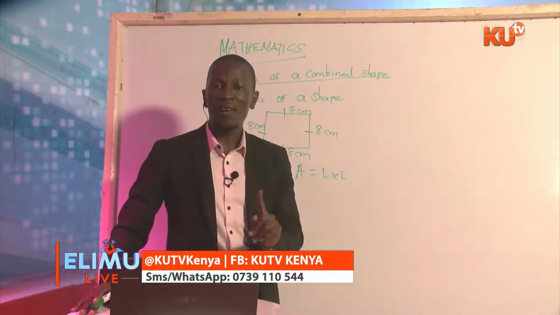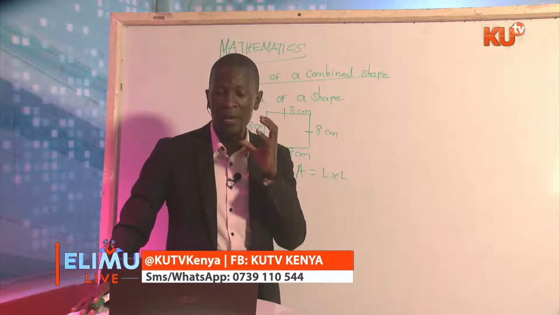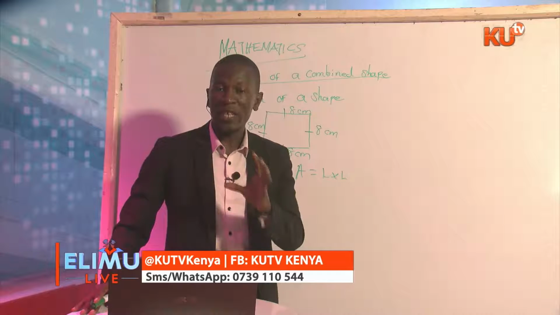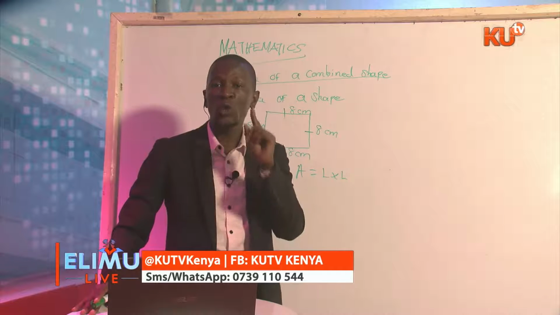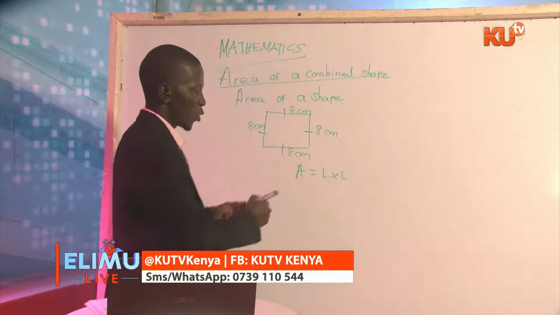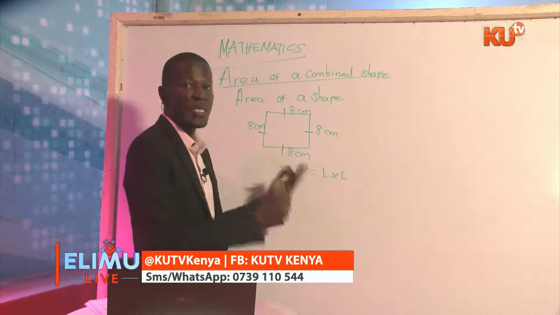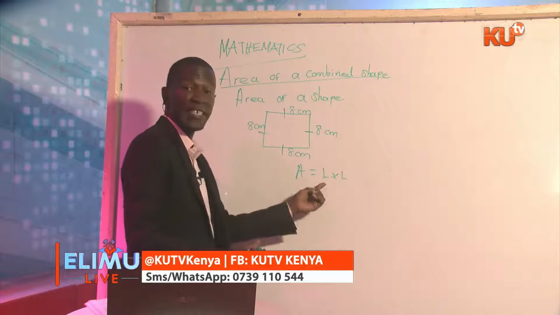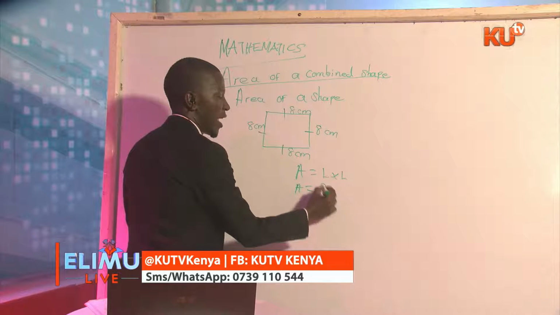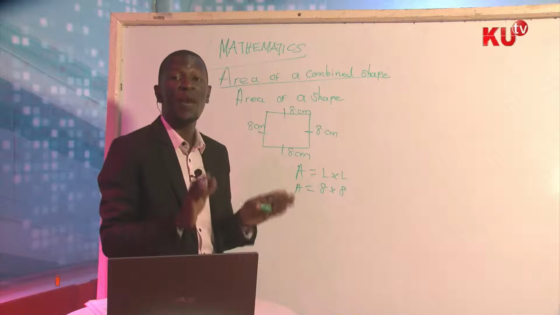So if the length of Kimani's piece of land is 8 meters, for us to find that area, we are going to multiply 8 times 8, because we have said length times length. So we substitute now the letter with the original value. And always remember the unit.